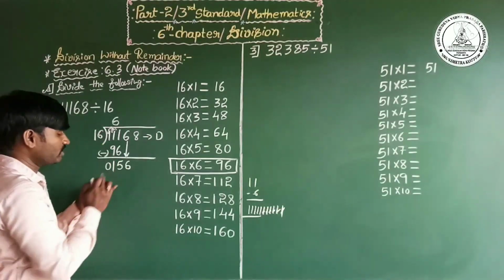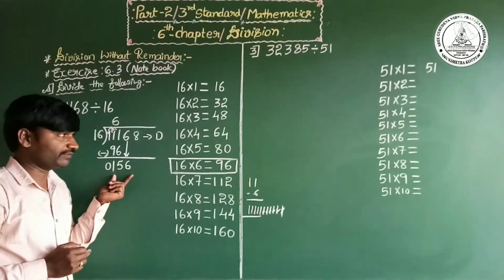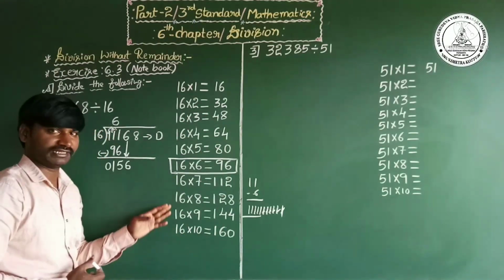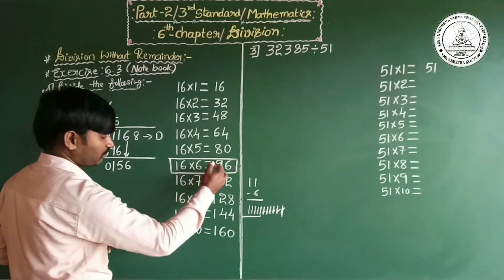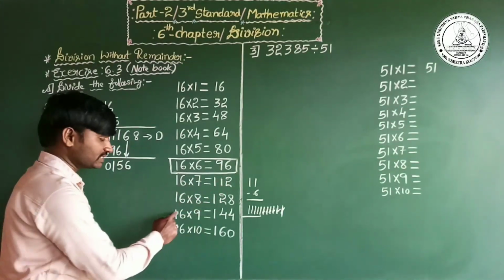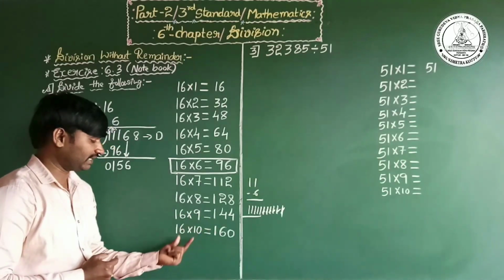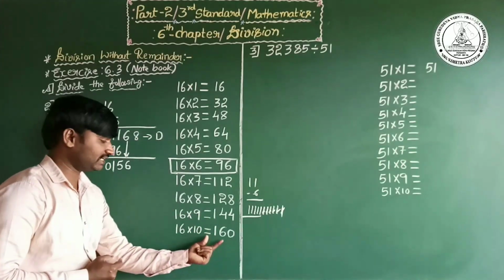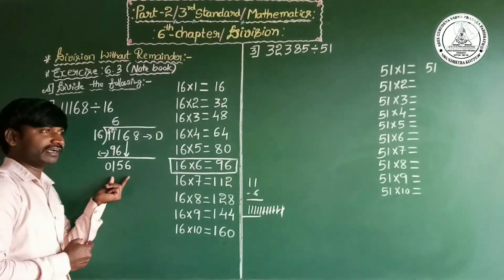16 how much of 156, dear student? Observe the table of 16. Here see, 16 7s are 112, 16 8s are 128, 16 9s are 144, the next 16 10s are 160. So 16 10s are 160, which is more than 156.